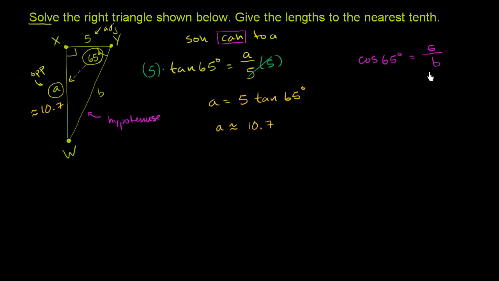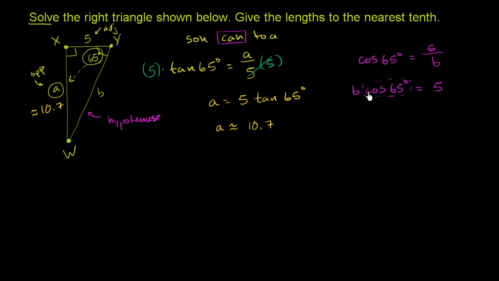Then we can try to solve for B. You multiply both sides times B, and you're left with B times cosine of 65 degrees is equal to 5. And then to solve for B, you divide both sides by cosine of 65 degrees. This is just a number, which we figure out with our calculator.